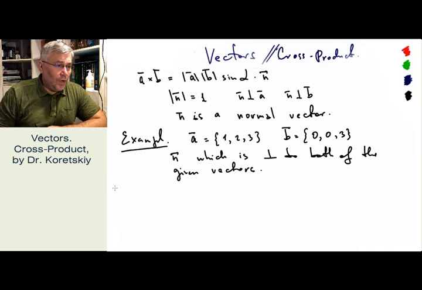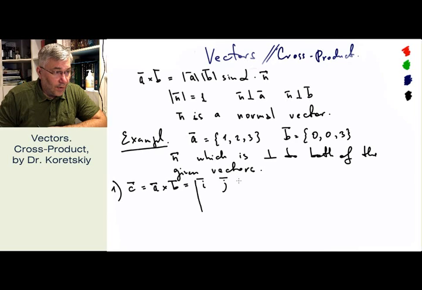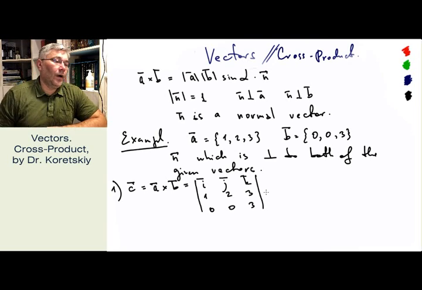It's very easy to do. Here, the first step, you can find vector C, which is the result of the cross product of the vectors A and B. I, J, K vectors, and here you have 1, 2, 3, and 0, 0, 3 components.